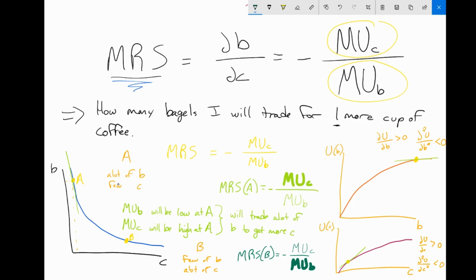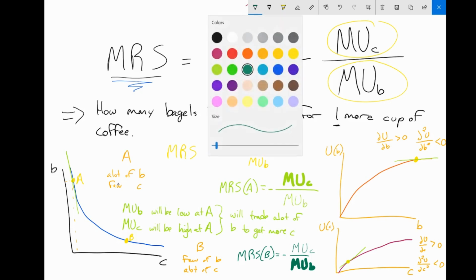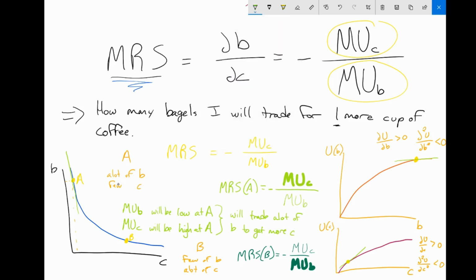And so I'm not going to be willing to trade very many bagels to get an additional cup of coffee at point B. The derivative at point B is much more shallow. It's a much smaller negative number. All right? So that kind of gives us some intuition as to the relationship and how marginal utility affects the trade-off between goods. All right, so that's indifference curves for you.